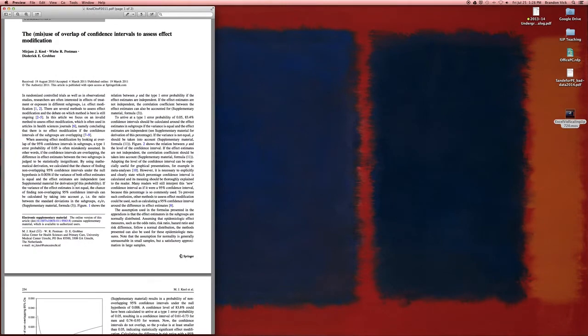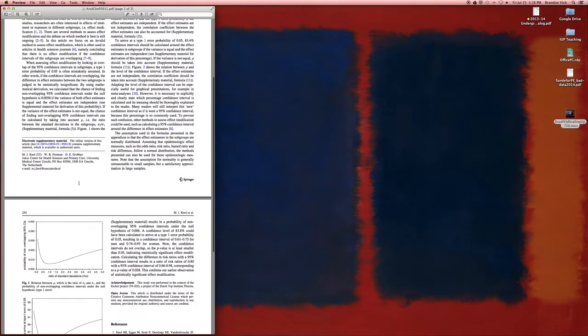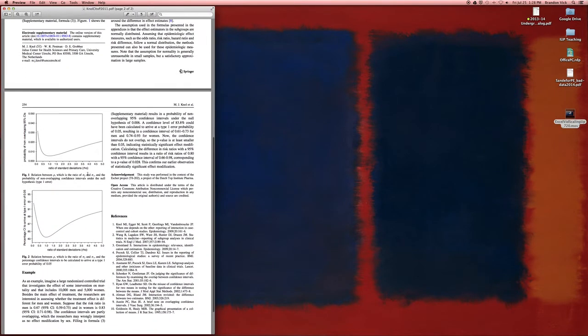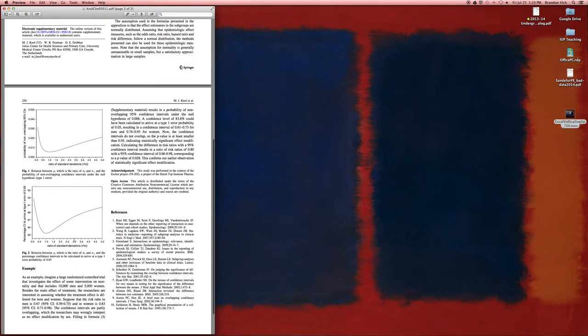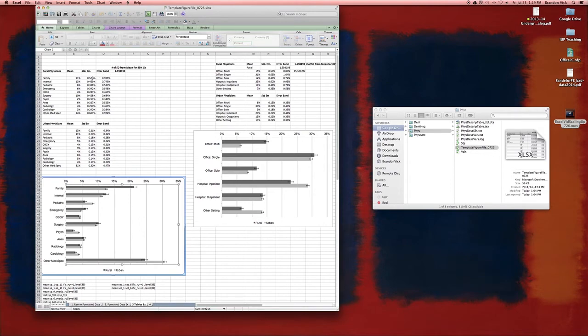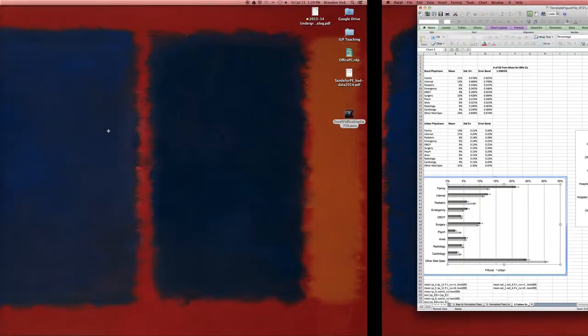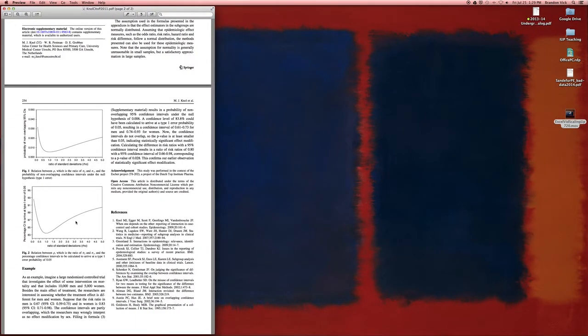Now that 0.05 doesn't correspond to 95% confidence intervals. Okay, I use the data here to say, based on differences in the standard deviations of my population, the standard deviation for rural is about 0.9, and it's about 0.3 here. Well, those standard deviations differ by about 3, so I don't need a 95% confidence interval. I only need an 89%.